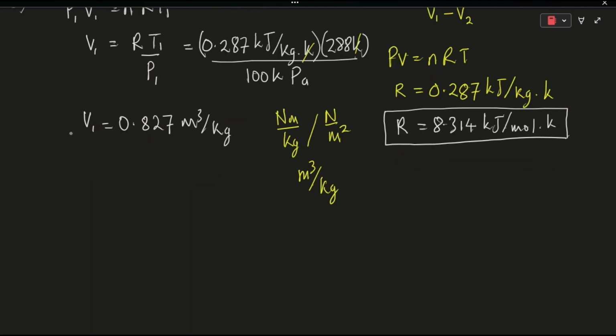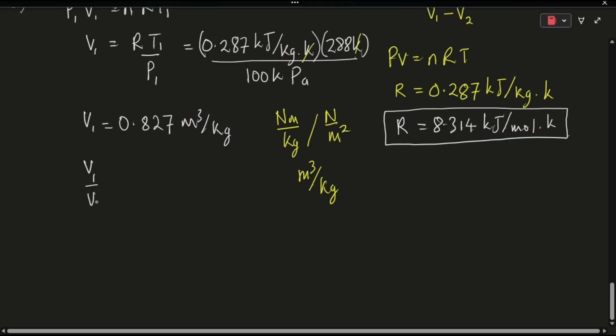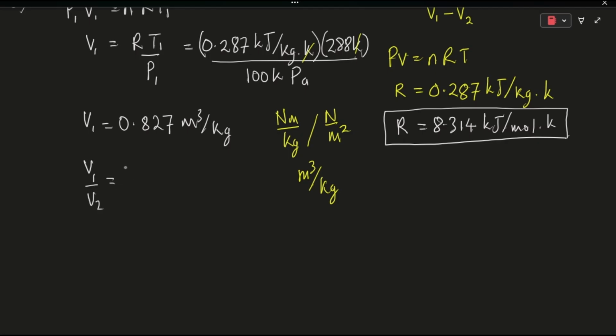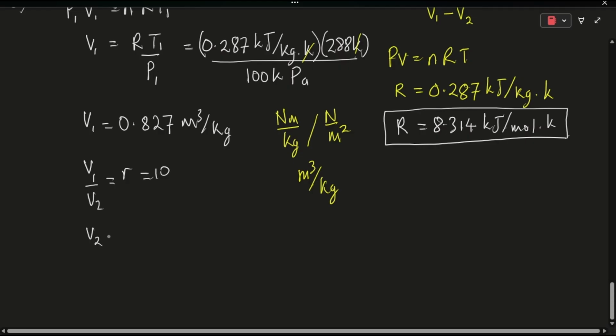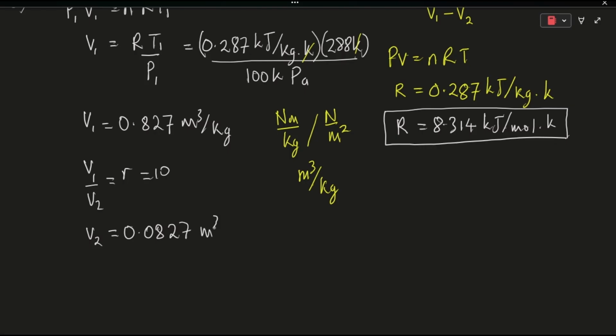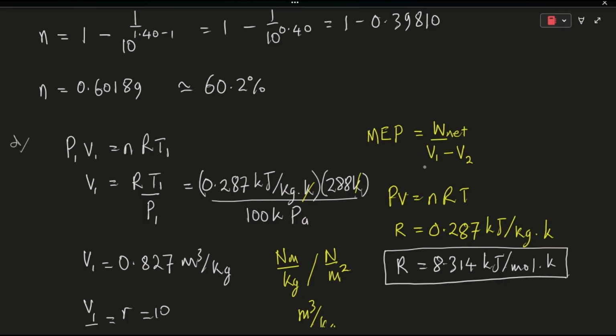Now there's a relationship between V1 and V2 given as the compression ratio, which is 10. So V2 can be determined as 0.0827 meter cubed per kilogram. So with V1 and V2 determined, we can now determine the mean effective pressure.